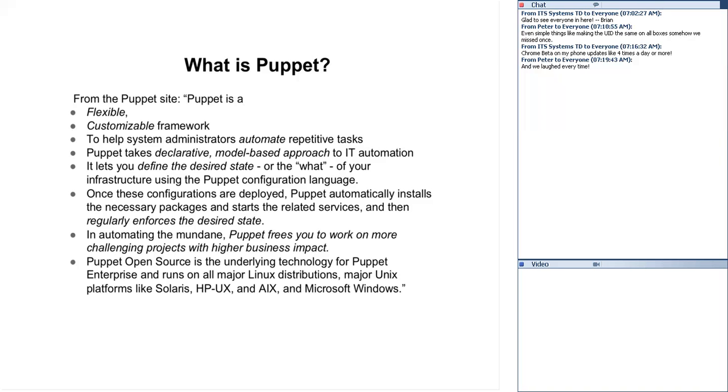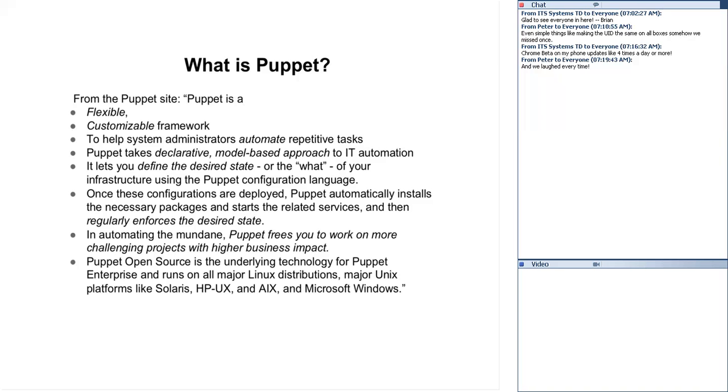Puppet lets you define the desired state of your infrastructure using a configuration language. Puppet is going to take the configuration language and turn it into what it calls a catalog, which is a list of things that are supposed to be configured on your system, and it's going to go out and make sure that they are configured that way.